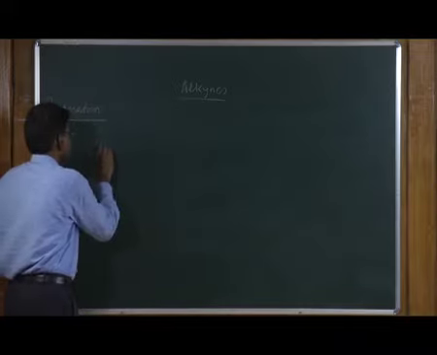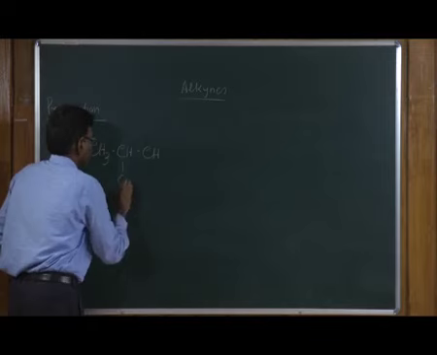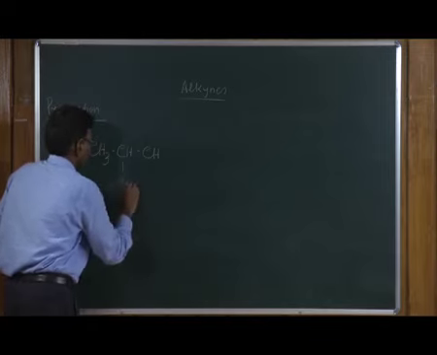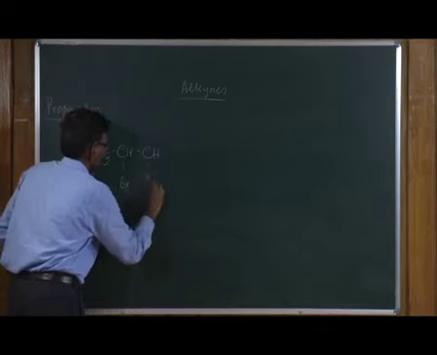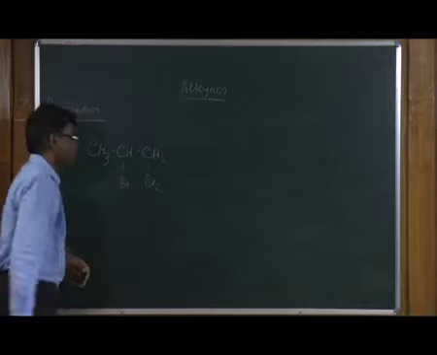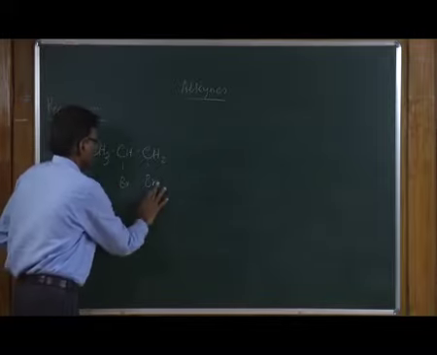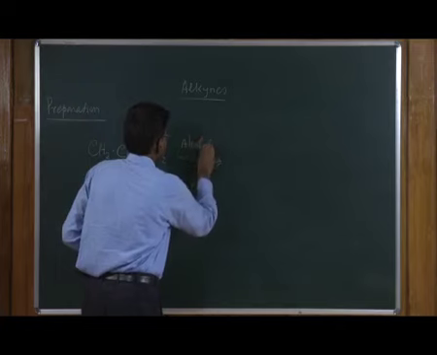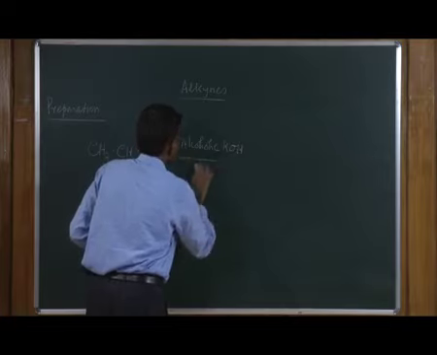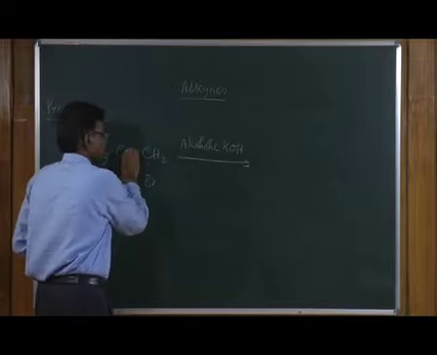For example, if you have this dihalo compound, this 1,2-dibromo alkane, and you treat it with alcoholic KOH, it is a base.